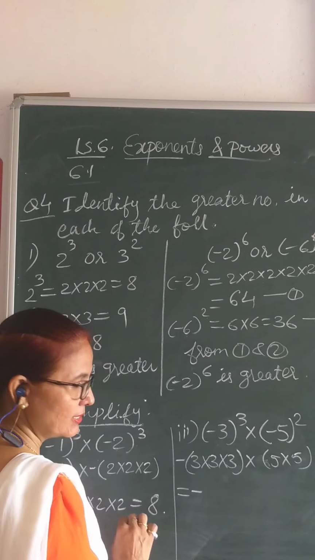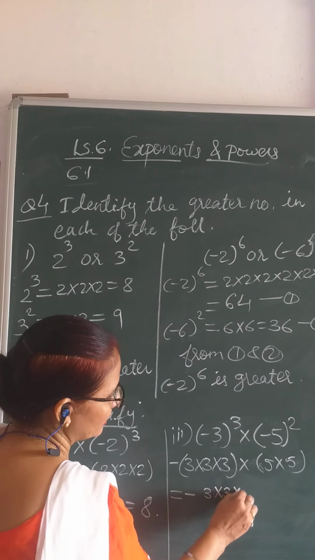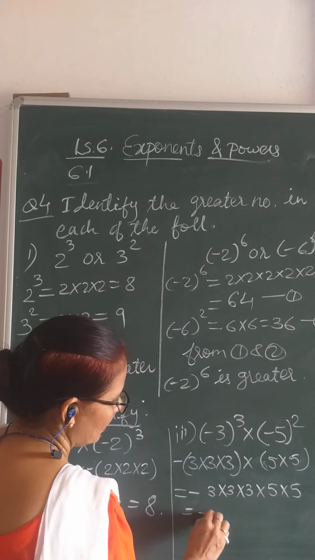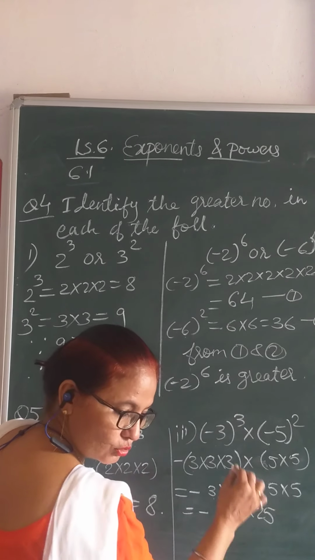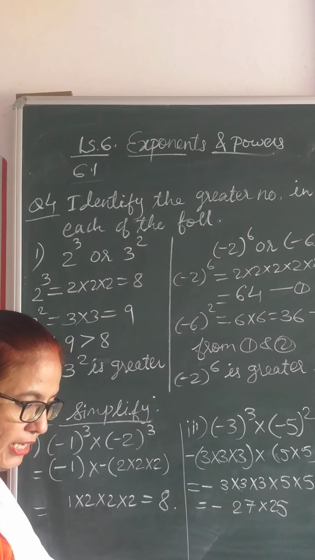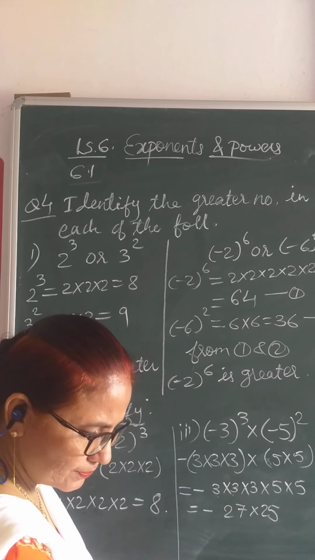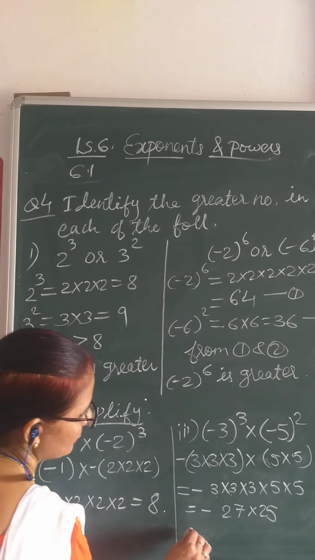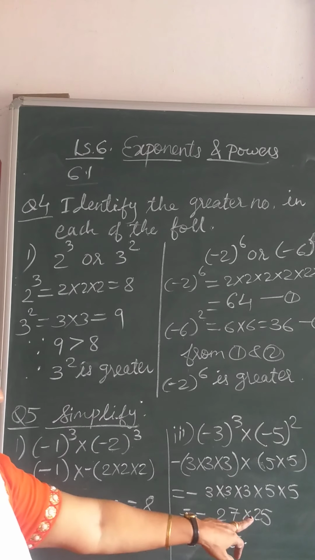This minus will be as it is. 3 into 3 into 3, this all you will multiply and you will get the answer. Now it will be 27. 5 5s are 25. And what is the answer for this? Second one, minus 675. The product of 27 and 25 is 675.